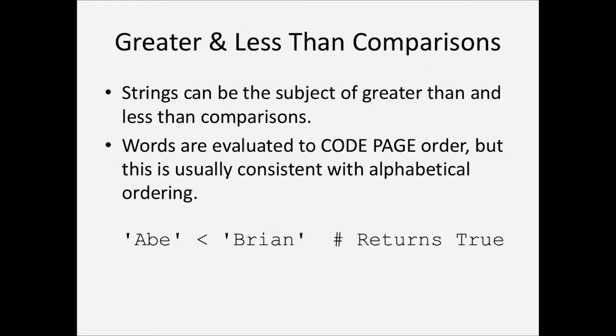If you're just using the English language, you're not using Unicode, this is essentially an alphabetical comparison. So Abe comes before Brian, therefore Abe is less than Brian. But the only tricky thing here is that all the capital letters come before all the lowercase letters, counterintuitive, but all the capital letters come before all the lowercase letters in the code page order, but otherwise it's just an alphabetical comparison.